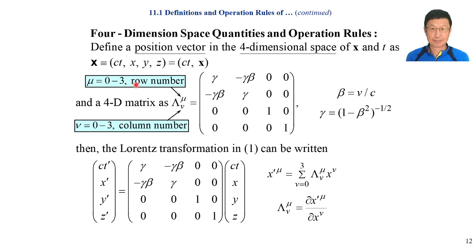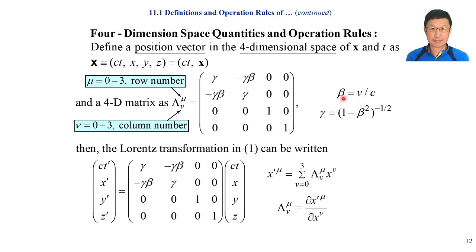That's the row number in a 4D matrix as this one. And nu runs from 0 to 3 as the column number. Row number 0, 1, 2, 3. Column number 0, 1, 2, 3.